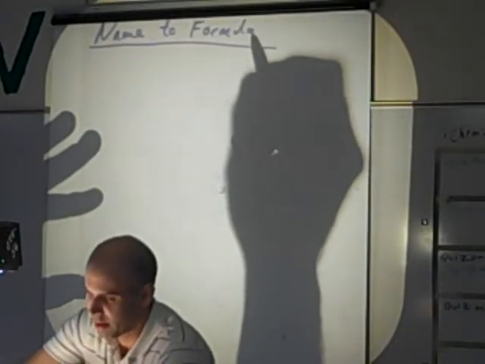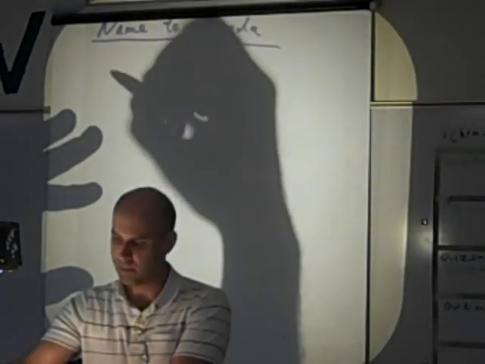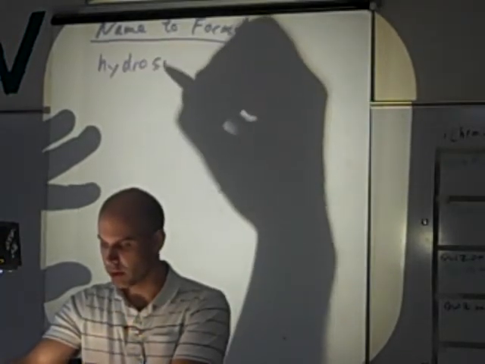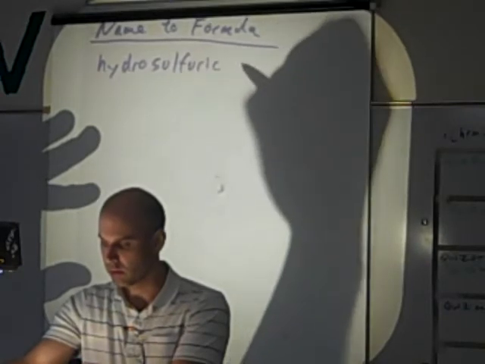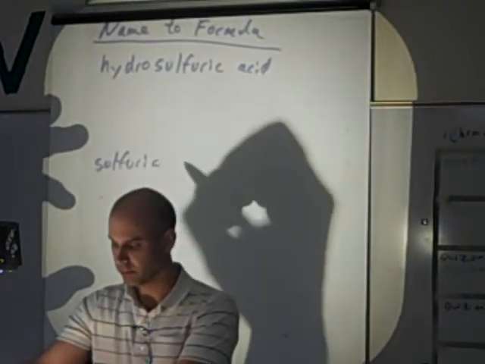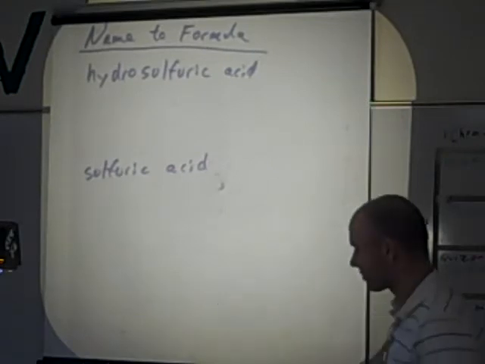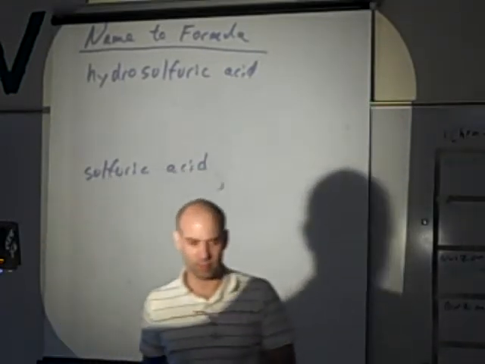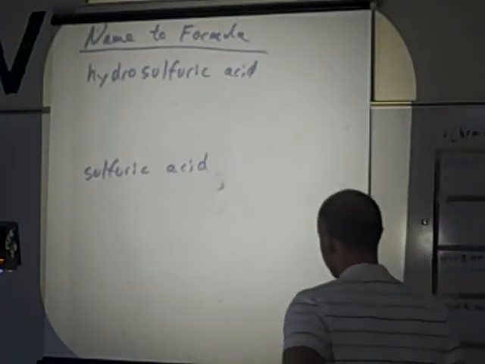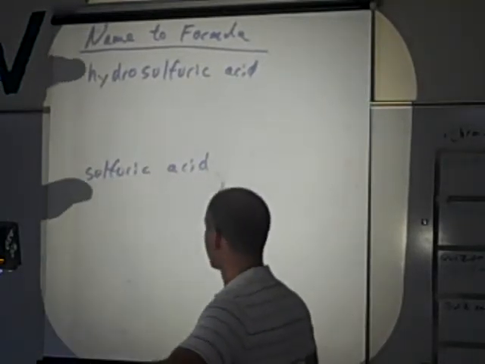All right, so, name to formula. Suppose we have, we're going to do 2 of them at once. Hydrosulfuric acid, leave a little space, and sulfuric acid. So, what's the difference between these two?